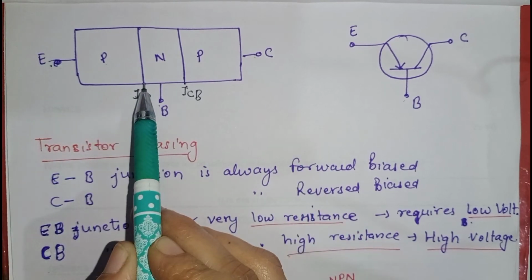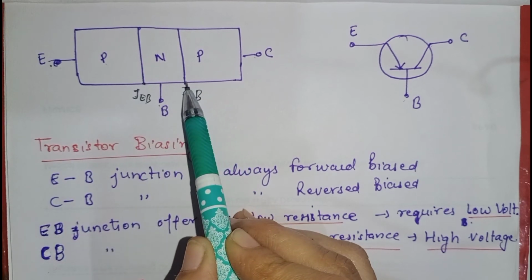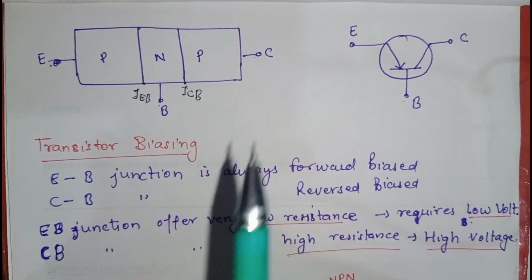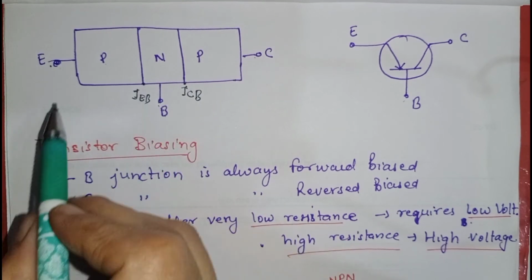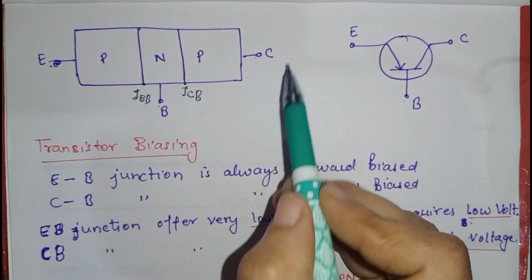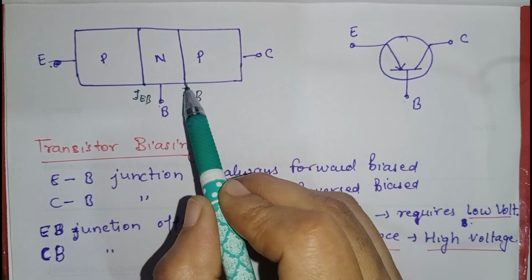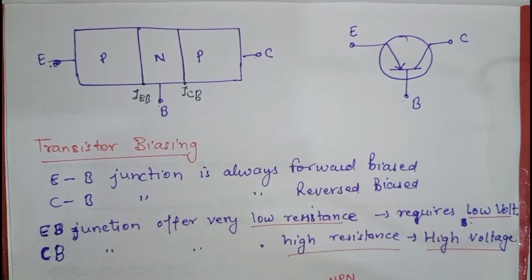As this is forward bias, it has low resistance, and this is reverse bias, so its resistance will be high. As the resistance is very low at this junction, we can apply a low voltage here. As this junction is reverse bias, we have to apply a high voltage between base and the collector.